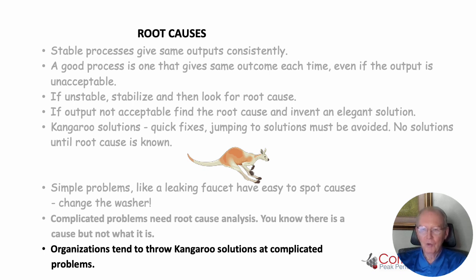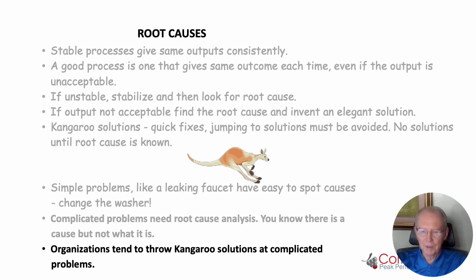And they will never really solve their problems in doing that. In fact, the way many processes have developed in organizations is that multiple kangaroo solutions have modified the processes over time until they're very complicated.